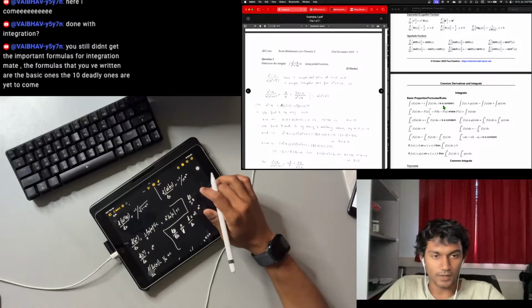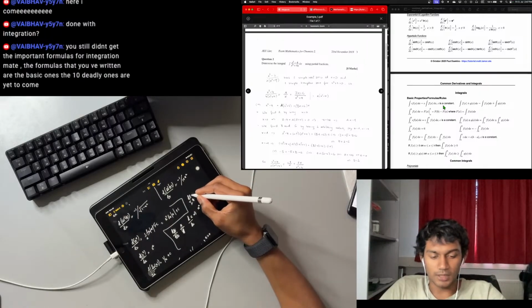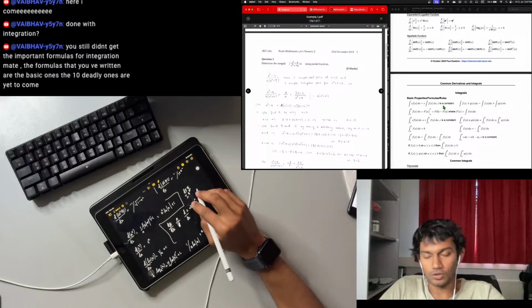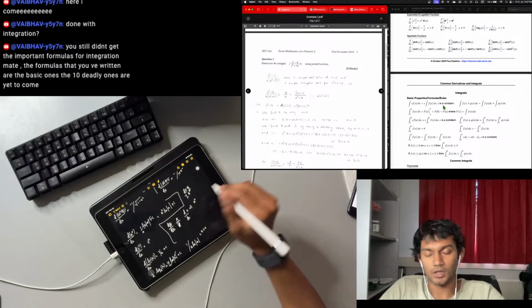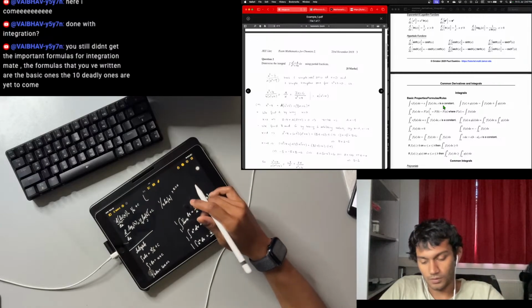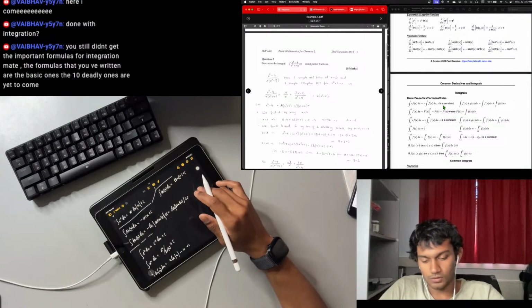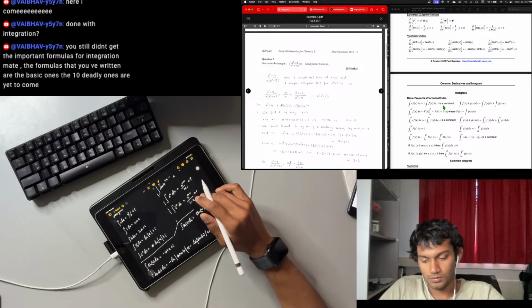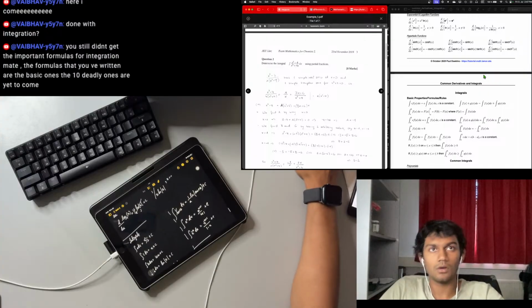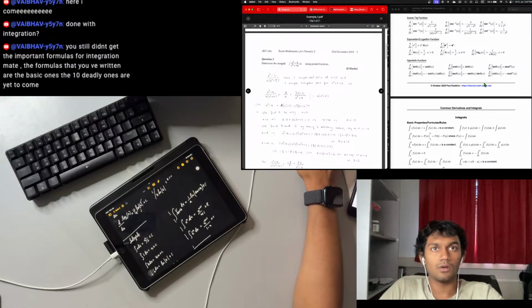DSIA. I gotta remember that because sometimes I confuse the subtraction and addition part for derivation and integration. DSIA. Okay. But yeah, I almost got all the formulas correct. I hope so.